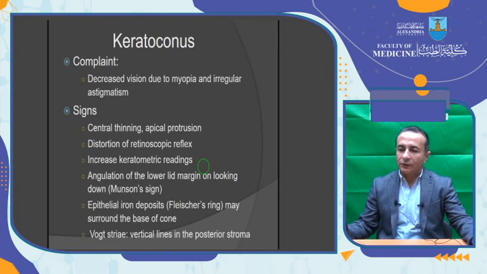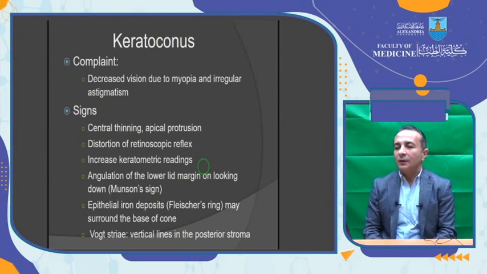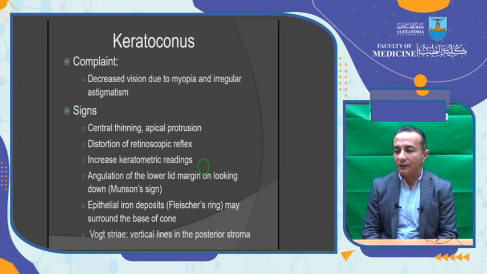So what are you going to see when you examine a patient with keratoconus? As I previously mentioned, on the slit lamp you will see central thinning and apical protrusion. On retinoscopy, you will see distortion of the retinoscopic reflex due to irregular astigmatism.